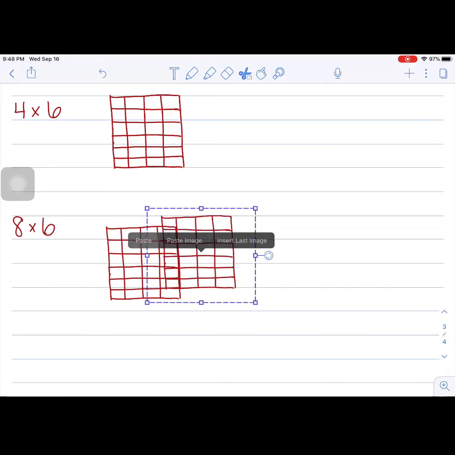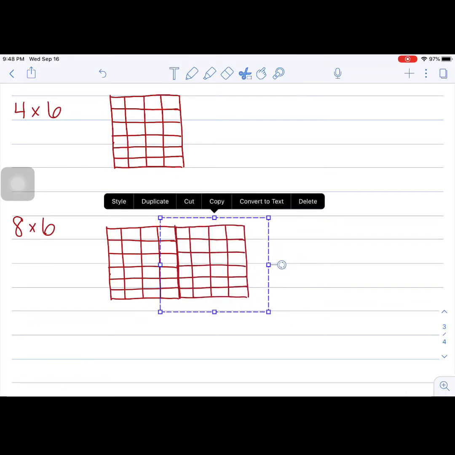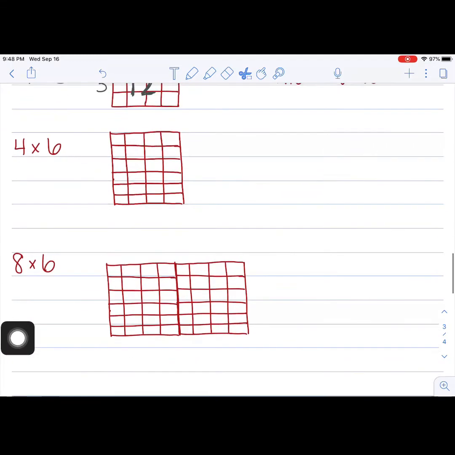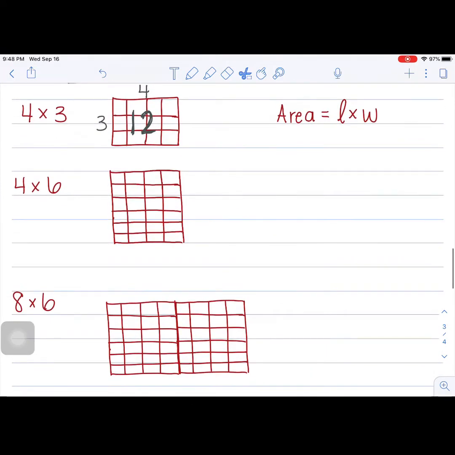And if I were to place 2 of these side by side, this would be a width of 8, right? I have 8 columns and I have 6 rows. So this is a 6 by 8. Interesting. I wonder how that's going to affect my answer, or my product. Let's think about that for a second.